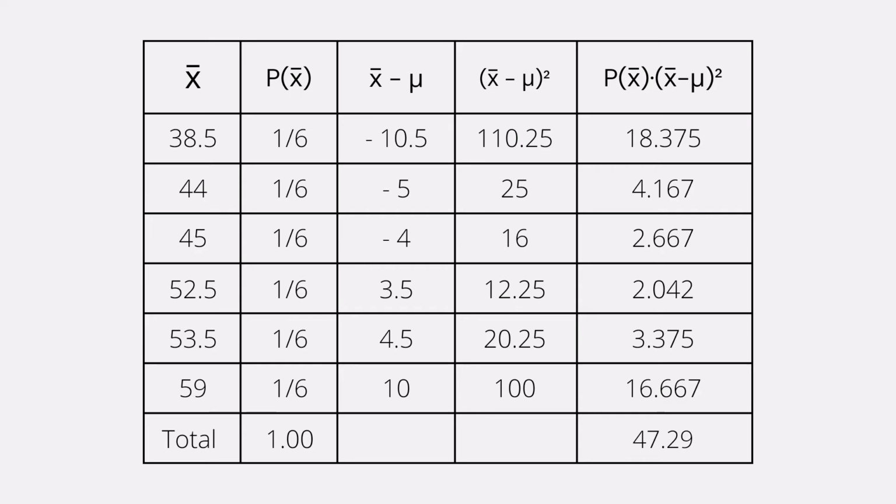In the first and second columns, we just copy the sample means and probabilities from previously. For the third column, simply subtract the population mean from each sample mean. So we have a population mean of 49, which we calculated in the previous step.